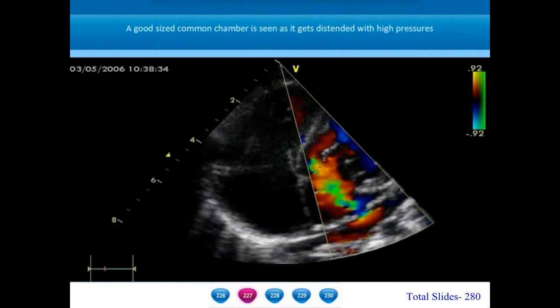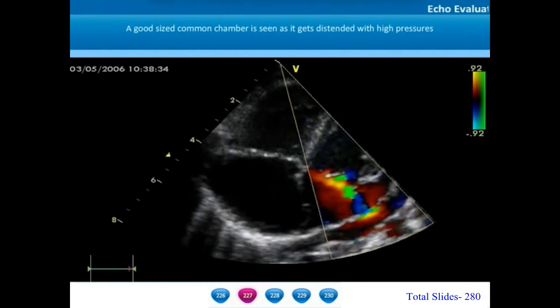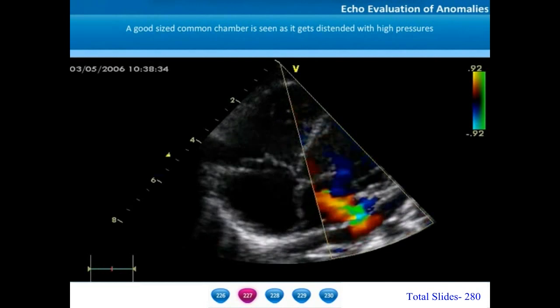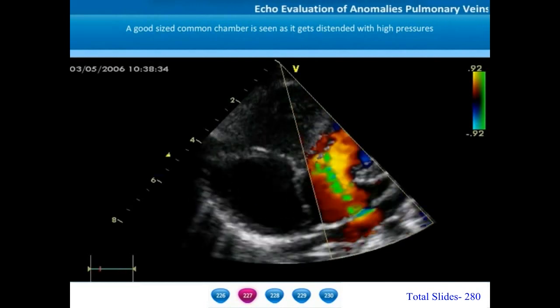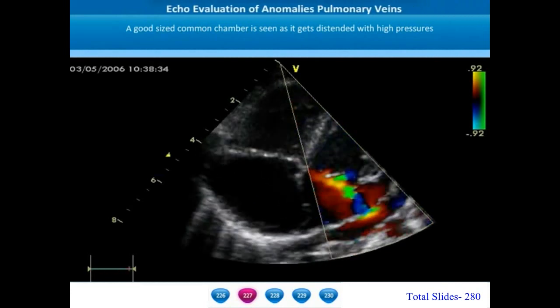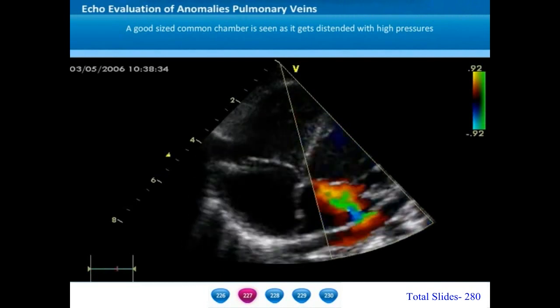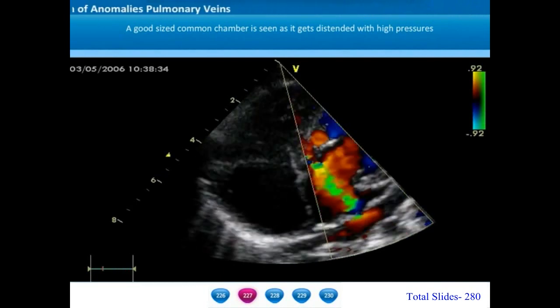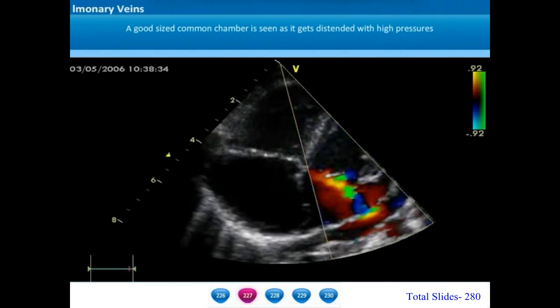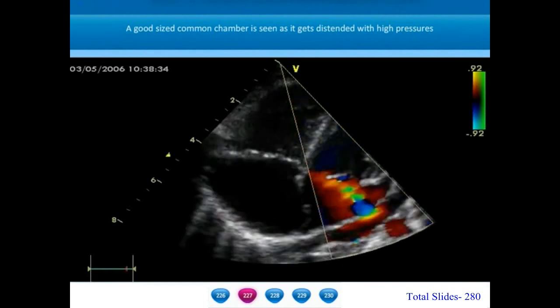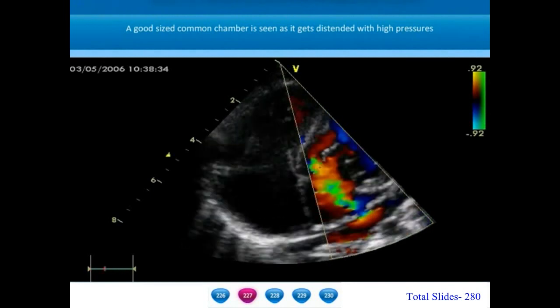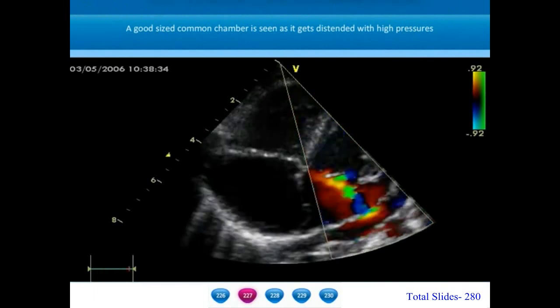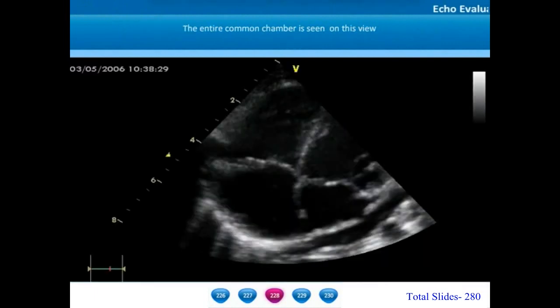We need to identify whether the obstruction is due to anastomotic narrowing or due to diffusely small size of the confluence or common chamber. In this particular example, we appreciate that the common chamber is well formed. In fact, the common chamber is dilated and distended, and there is a tight anastomotic obstruction.